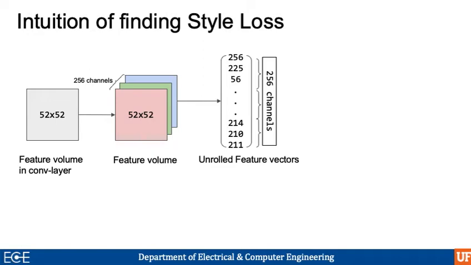So if both of the channels activate together on the same input, it's highly possible that the image might contain a face of a cat, because it has two channels with high values, and that's what we call the Gram matrix. We use this Gram matrix to measure the degree of correlation between channels, and this acts as a measure of the style itself.